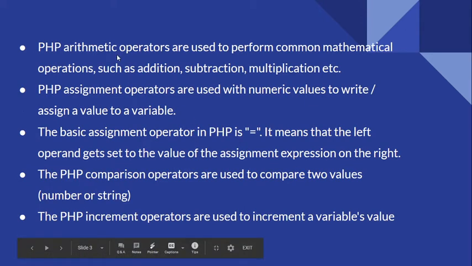PHP arithmetic operators are used to perform common mathematical operations such as addition, subtraction, multiplication, division, etc. So if we try to perform the common arithmetic operation, we can use arithmetic operators.